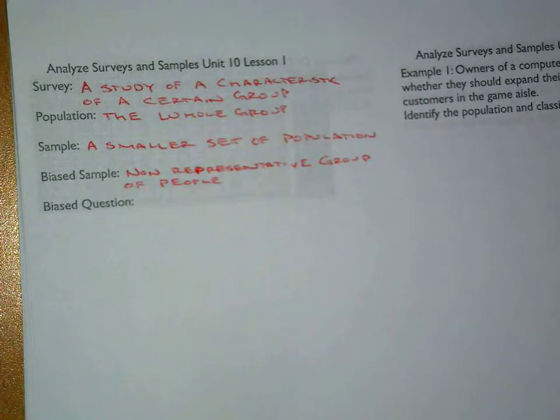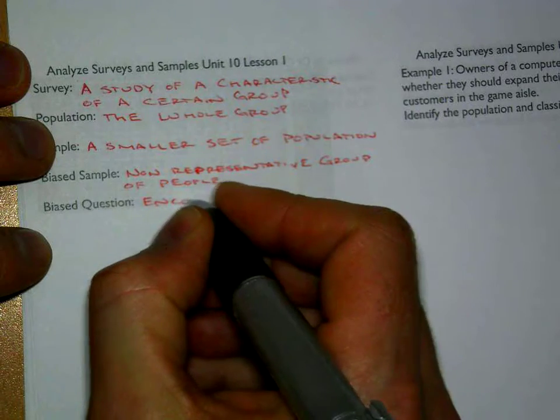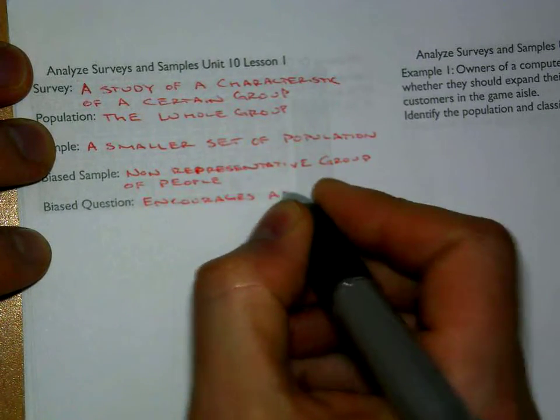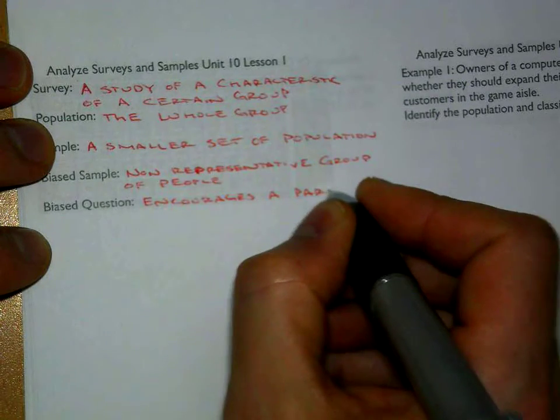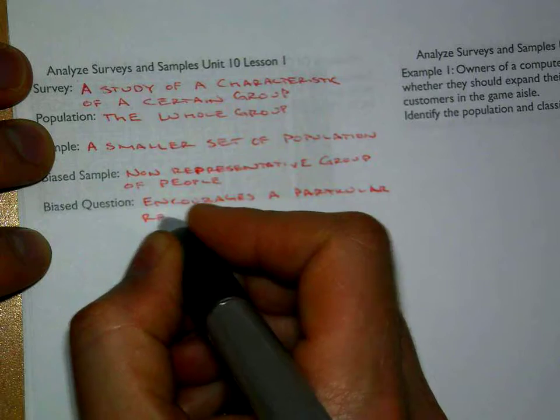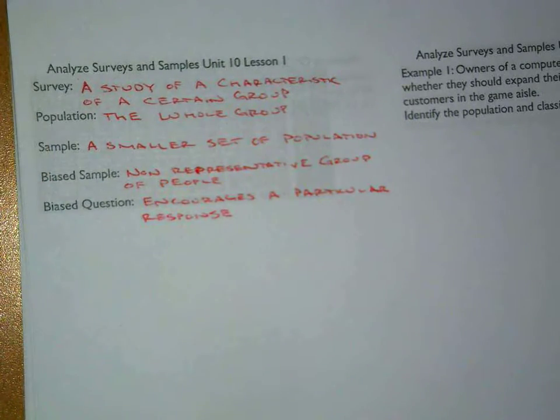A biased question encourages a particular response. If you ask a question a certain way, people are naturally going to respond in predictable manners.